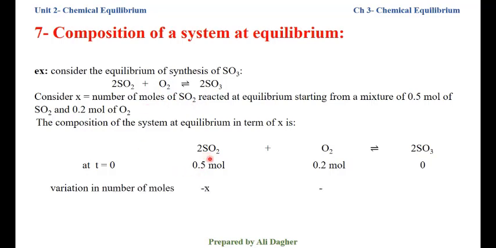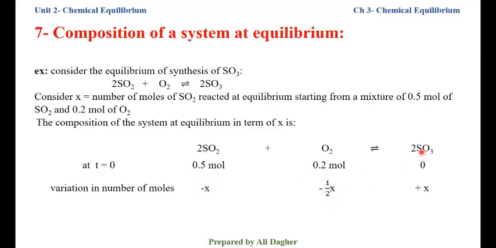The variation for SO2 is X, it decreases by X. Consider X the number of moles of SO2 that react, then SO2 decreases by an amount equal to minus X. For O2, we divide the stoichiometric coefficient of O2, which is 1, by that of SO2, which is 2, multiplied by X, then minus 1/2 X.